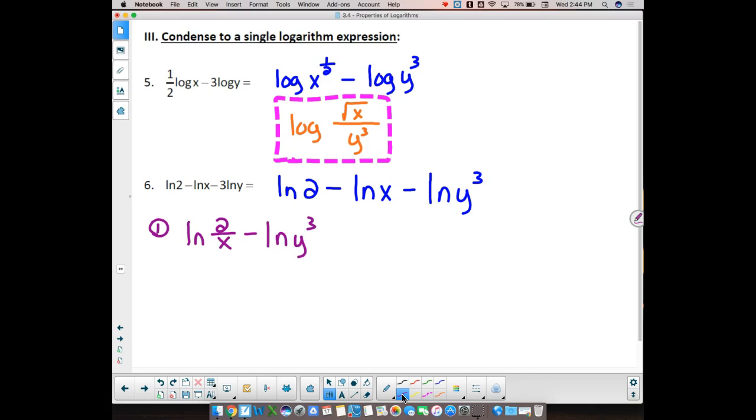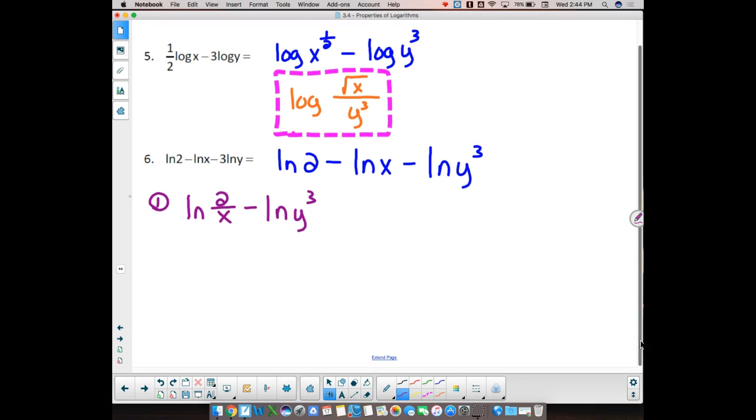The downfall with this method is that now, when I combine these two, the natural log of 2 over x over y cubed. What's wrong with that?